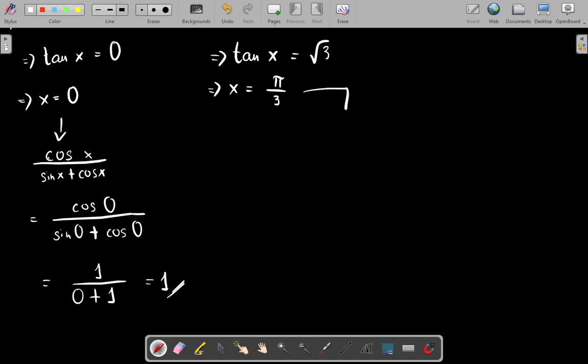For x equal to pi by 3, we again find the value of cos x upon sin x plus cos x.